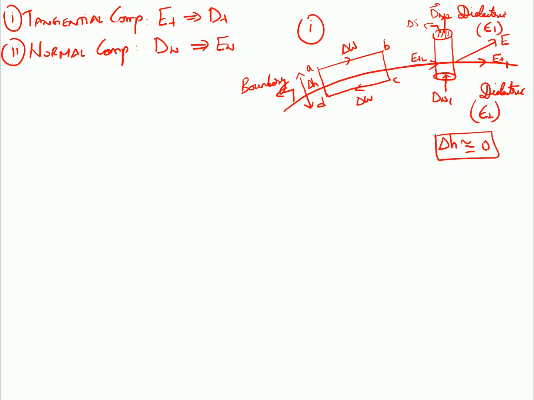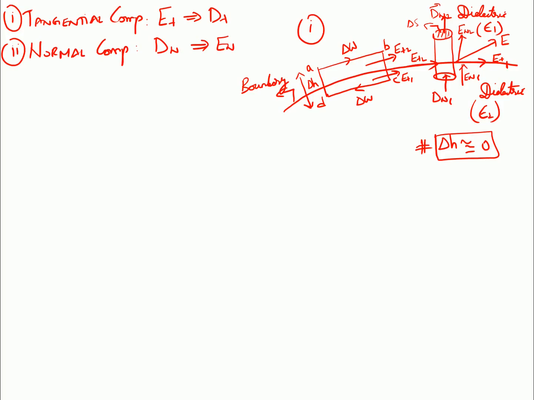And similarly the normal component will be EN2, and the normal component of this will be EN1. So for the first it is 1, and for the second it is 2, and the electric field is something like this. So this is basically the variations. Again for this it is going to be ET2, and the tangential component will be ET1 for this scenario, and the height is negligible over here, or it is 0.